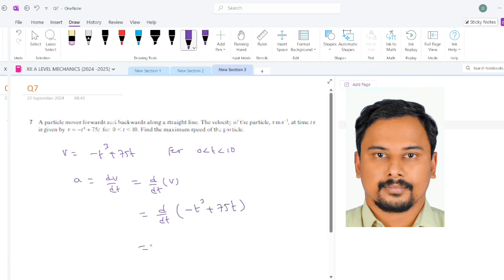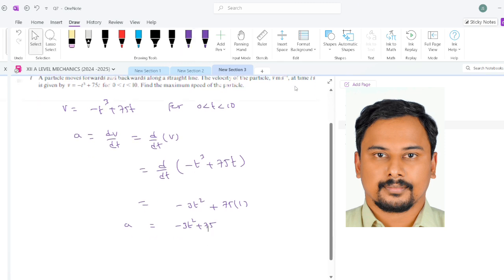Now differentiate each term separately. So t cube gives 3t square, so minus 3t square plus 75 into derivative of t, dt by dt is 1. Therefore here acceleration becomes minus 3t square plus 75.